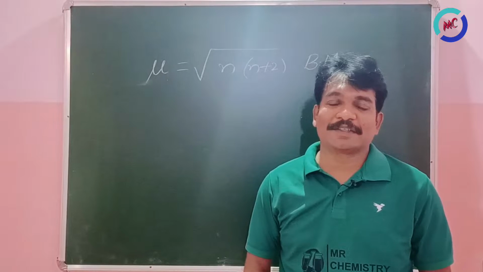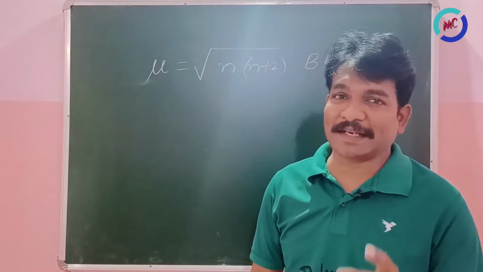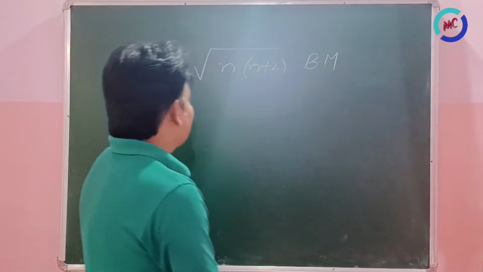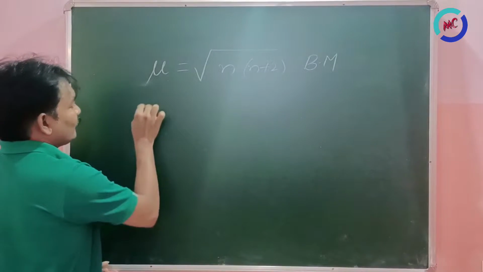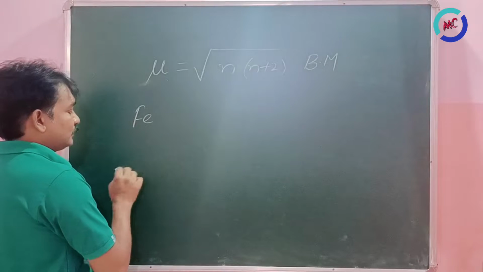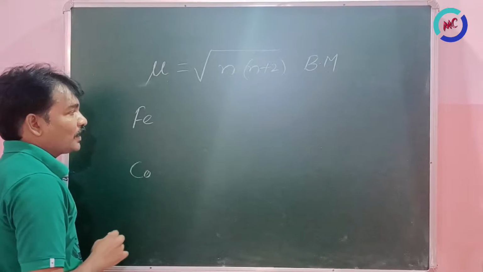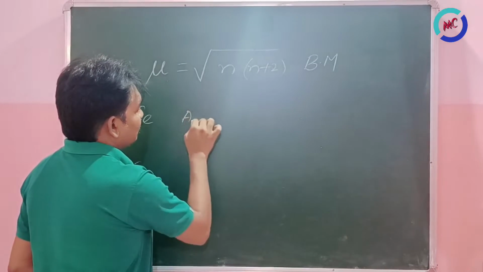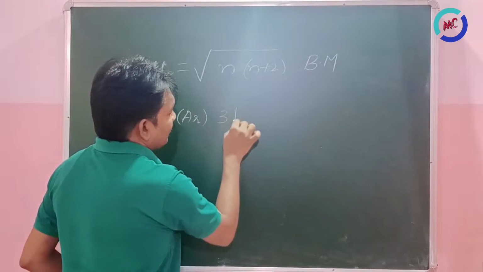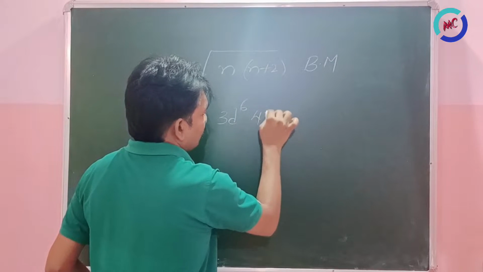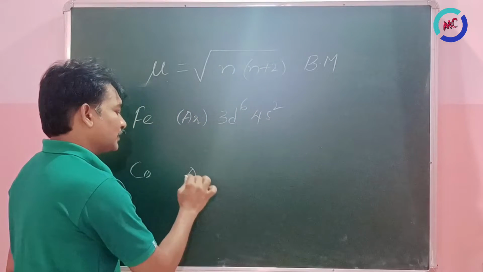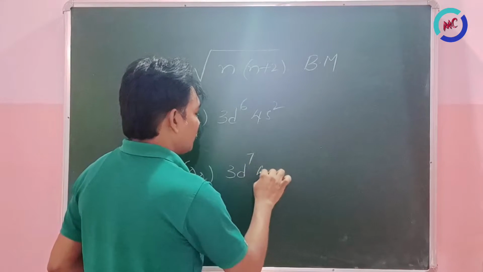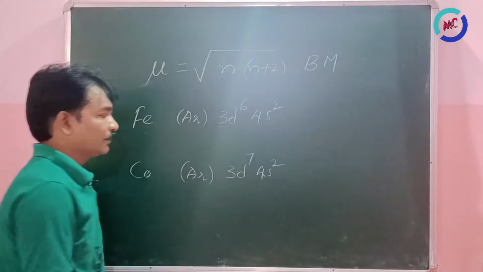Now we will find out the ratio of magnetic moment of ferric ion and dipositive cobalt ion. See here, what is the electronic configuration of iron here? Argon 3d6 4s2, and cobalt, argon 3d7 4s2.